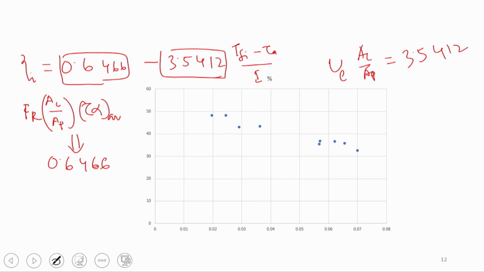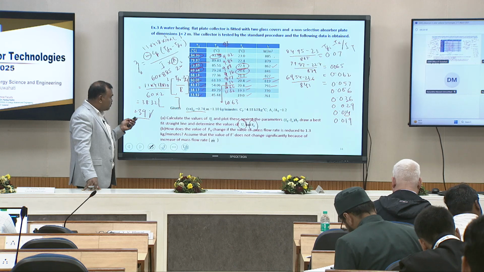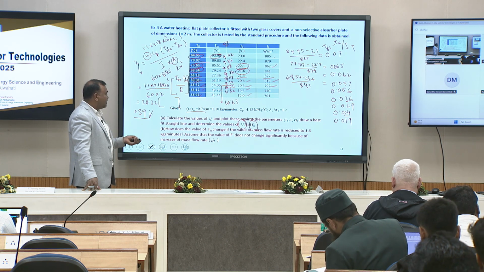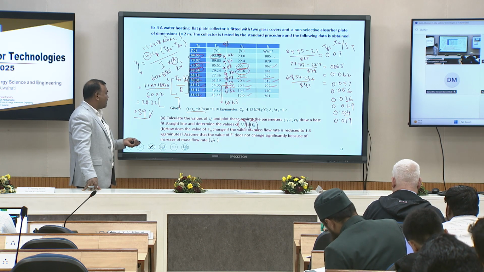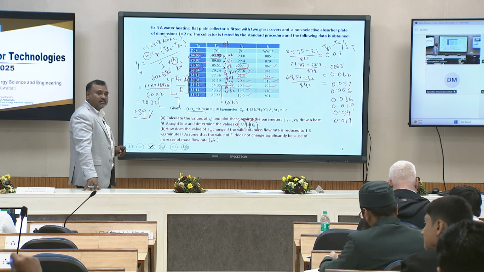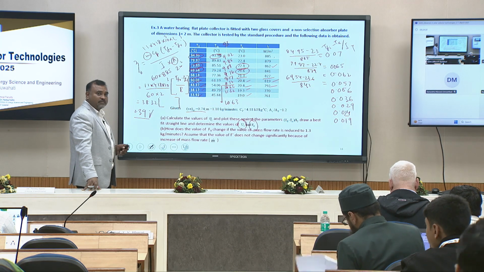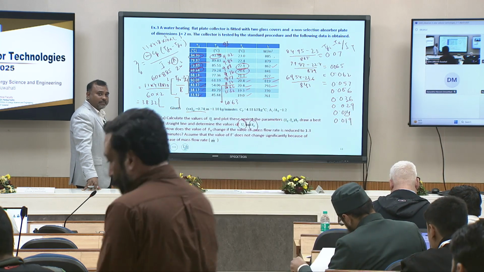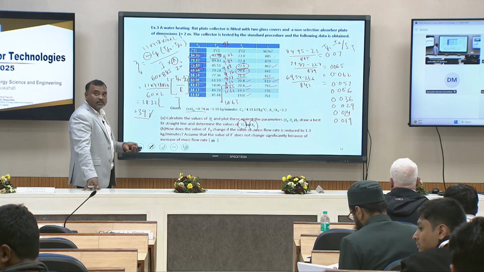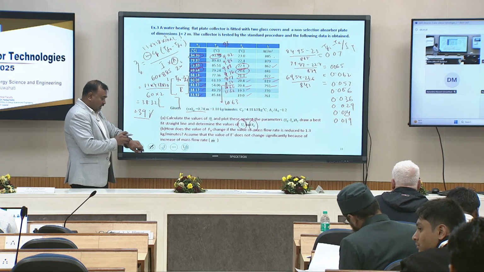Next question is, if we change the mass flow rate to 1.3 kg per minute, then what will happen to the value of F_R? You can tell me what happens.